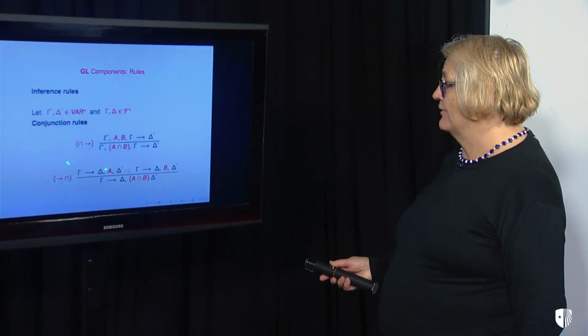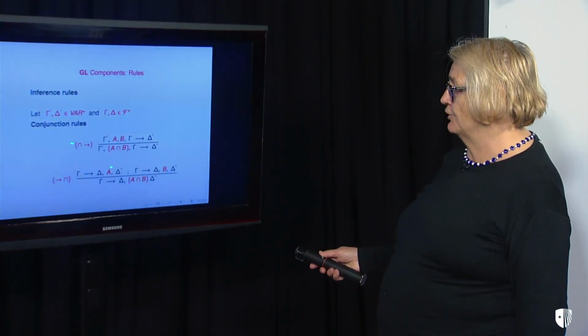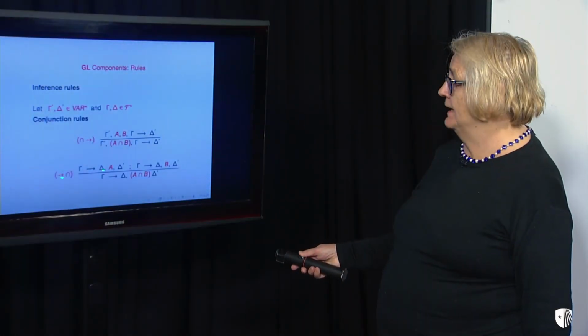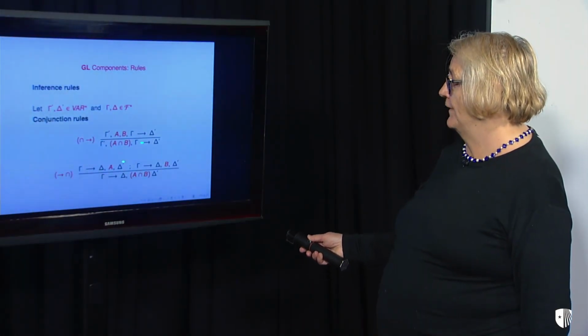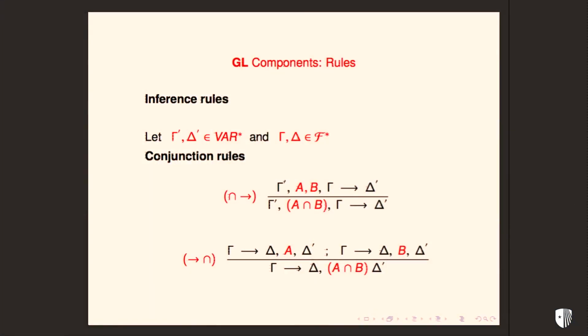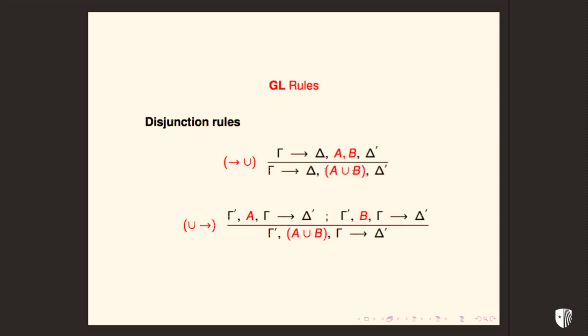Now you have introduced the connective on the left side of the sequent, where A, B becomes AB, and another rule is introduction on the right side. So the duality is to introduce a connective on the left side and on the right side. The same for implication.